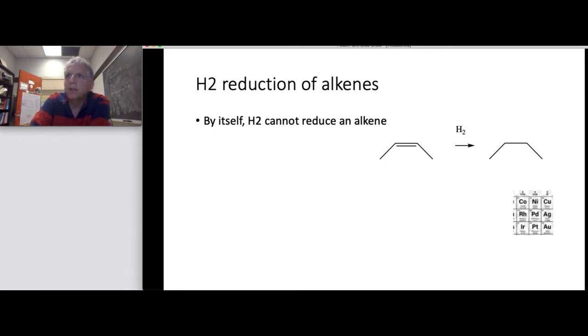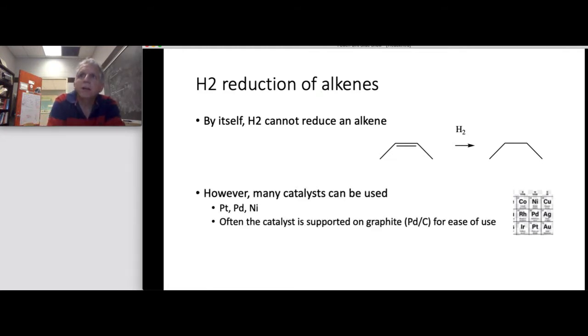However, if we look to the periodic table, and you can find this little snippet on your very own periodic table, and grab a metal and put it in with the H2, it helps break the H-H bond and delivers the goods. The most common catalysts are platinum, palladium, and nickel. I will use primarily platinum and palladium. Industry, strangely, uses primarily nickel.